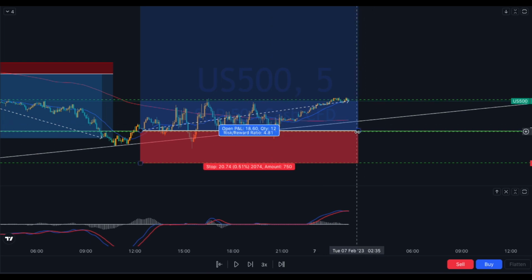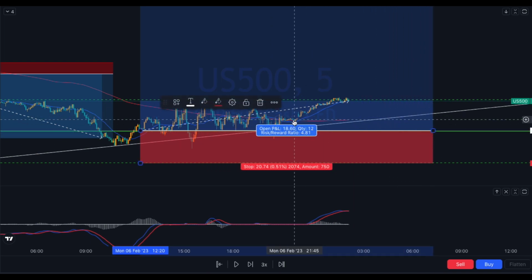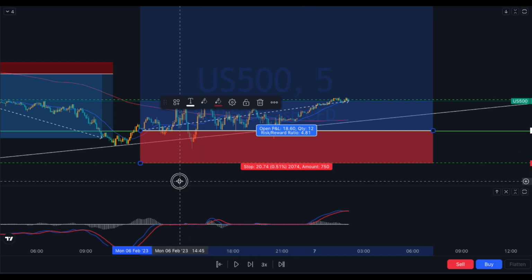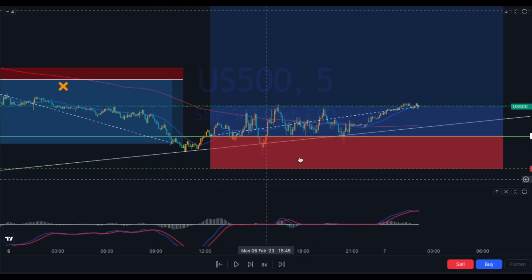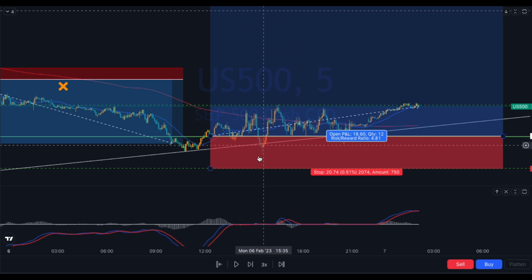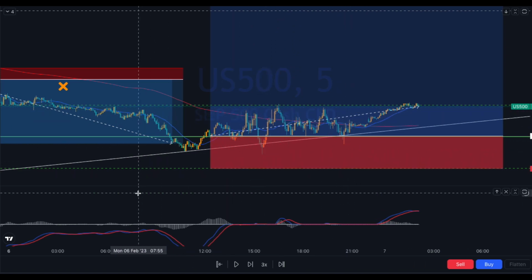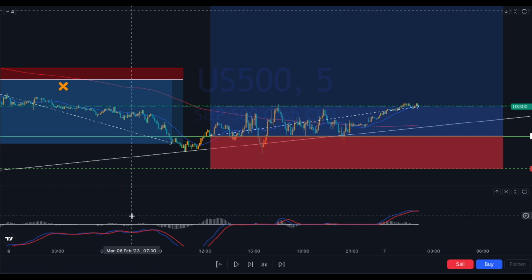Okay, let's drag this along. And we have a cross over here, right? So that is really good. And as it stands, we have roughly around 20 pips in profit over here. So we have a 1-for-1 at the moment.